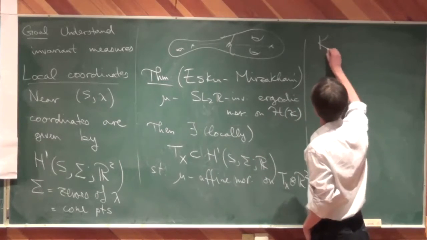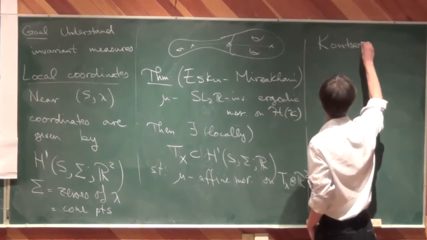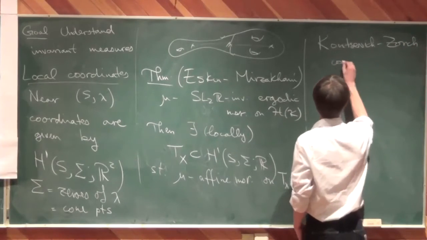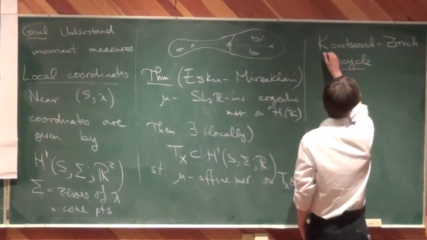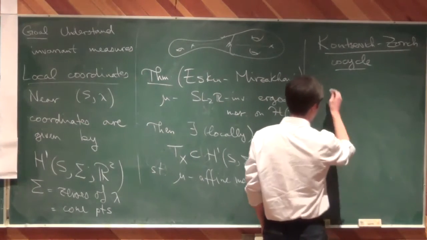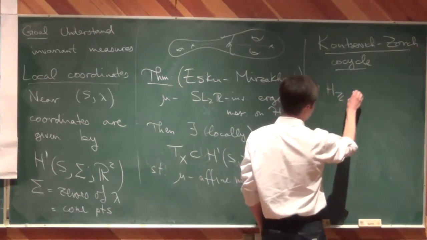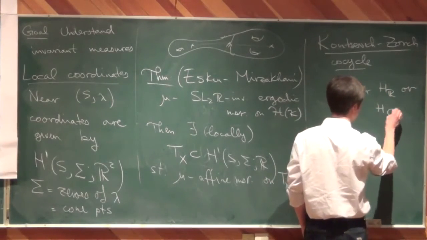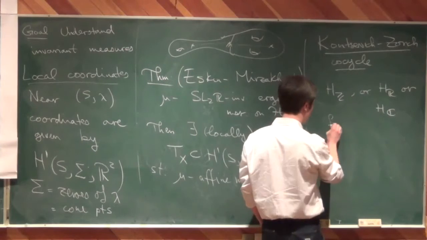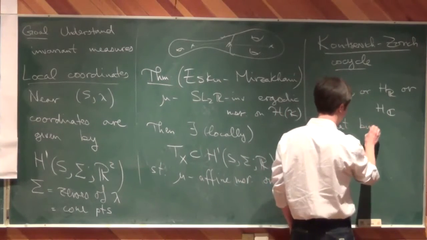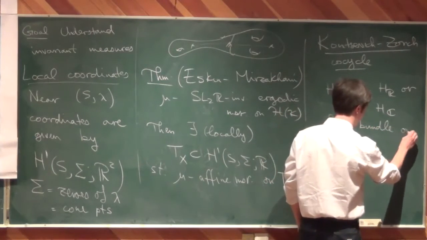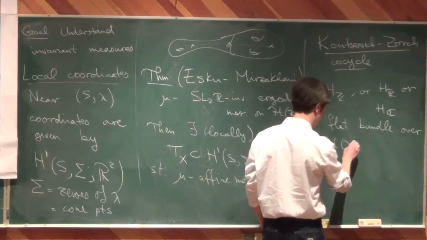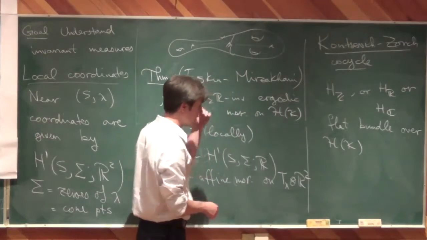So we have this Kontsevich-Zorich cocycle, which, as I said, was H^1 with C or R coefficients. This is a flat bundle over the stratum H kappa.